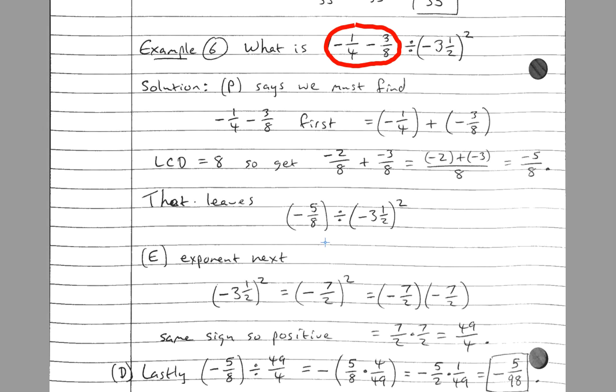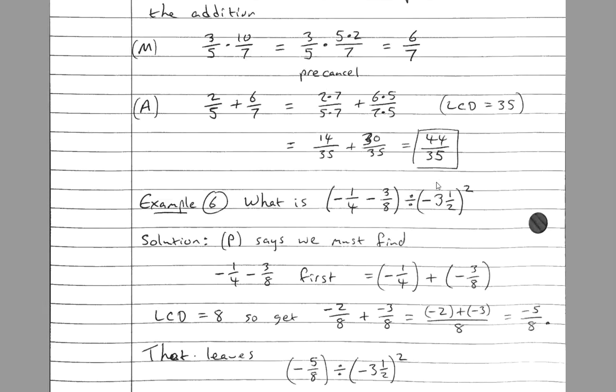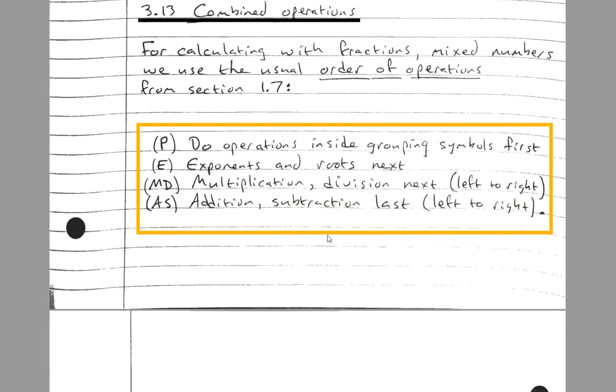All right, what do we do next? Do we do the division next, or do we take care of this exponent? Yeah, so exponents come next, right? Then we'll do the division last.